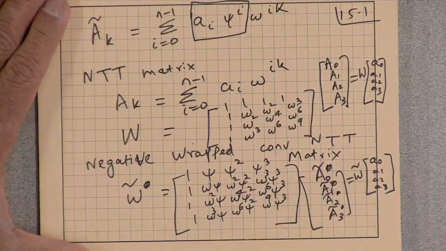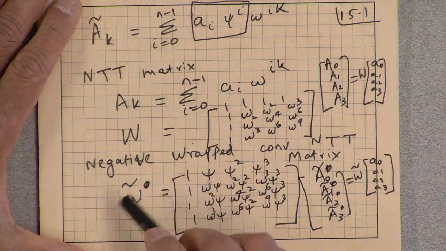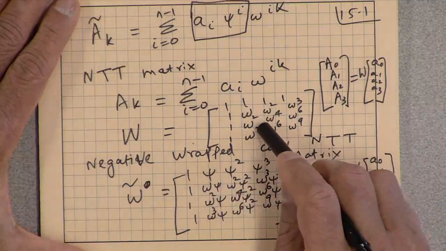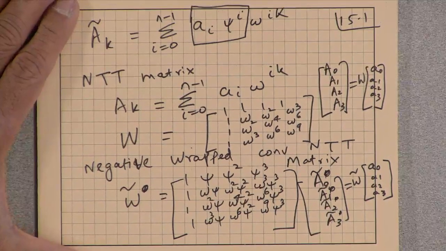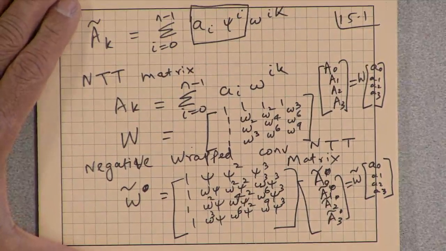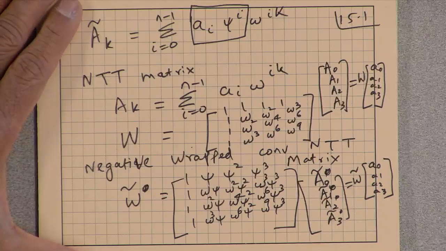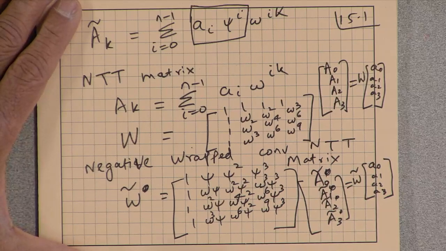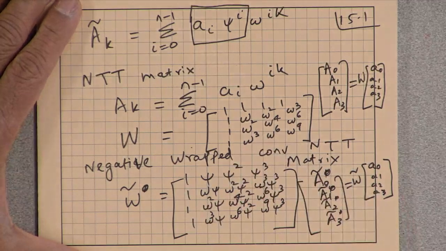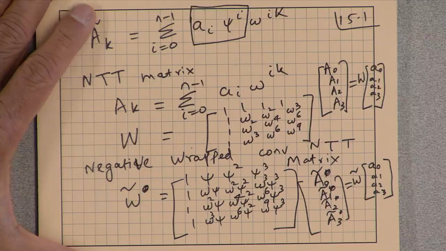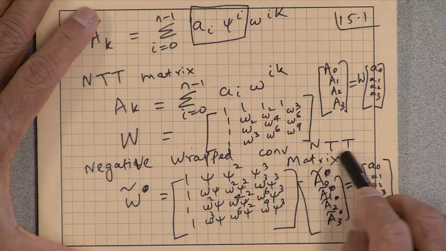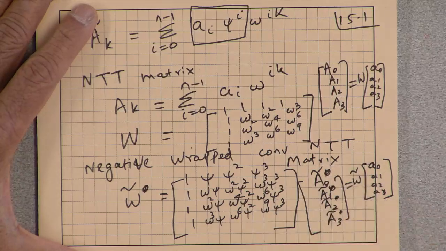Good. So there are some fundamental differences between the W and the W tilde. Okay, so the W is a symmetric matrix. W tilde is not symmetric. That means, because W is symmetric, if we derive a structure such as decimation in time NTT or FFT, it doesn't matter, we could transpose that to get an equivalent structure, and we cannot do that here. So we cannot simply take a negative wrapped convolution NTT structure and transpose that to get another equivalent structure.